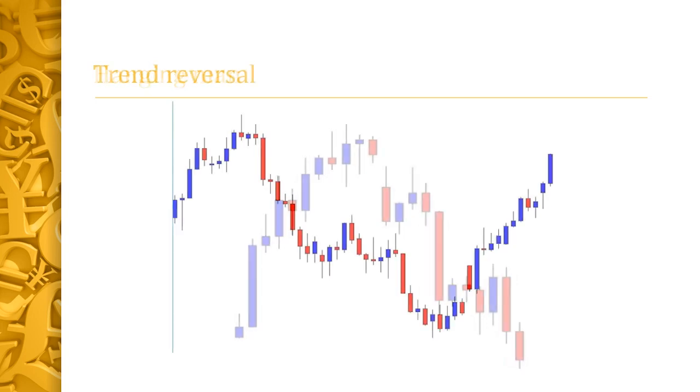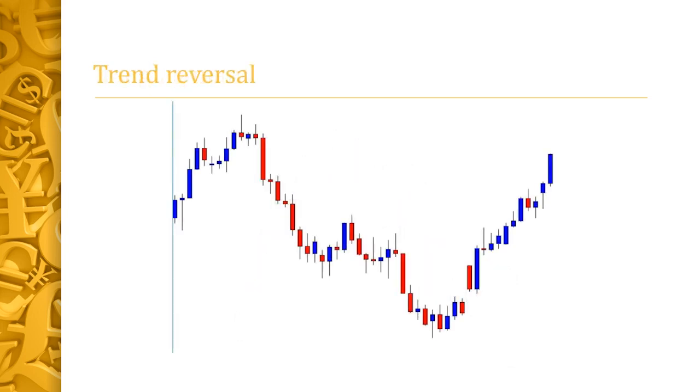And we will look at another trend reversal, and I think this was a chart of the USD JPY. And as you see guys, at this level here we got this inverted hammer.